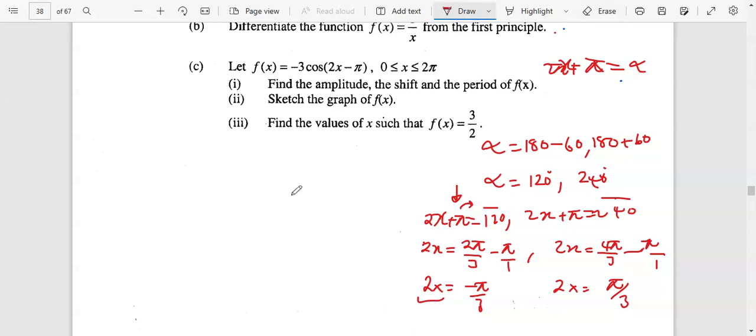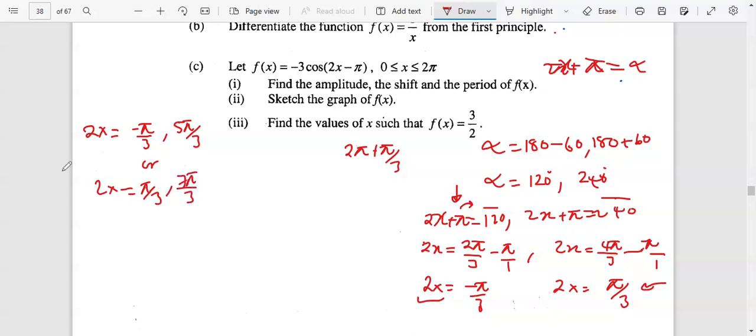So 2x is going to give us negative pi over 3, comma, if we add negative pi over 3 plus 2 pi, that is the same as 2 pi minus pi over 3. So it's going to give us 5 pi over 3. Or we are going to also get 2x being equal to pi over 3. Now we're going to add pi over 3 plus 2 pi, which is going to give us 7 pi over 3.